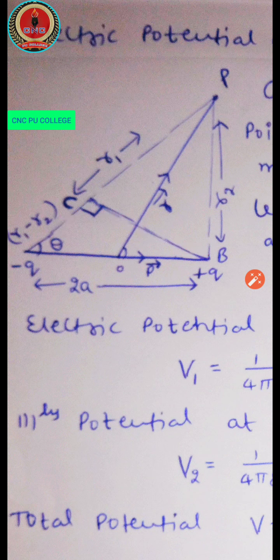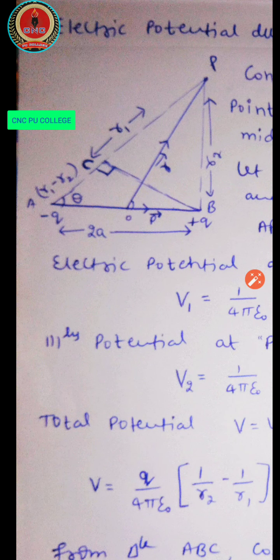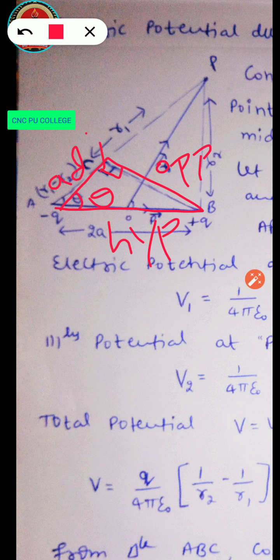Now just observe this triangle, that is ABC. This will be a right angle. Here we have theta, so this side becomes opposite, this will be the hypotenuse and this is adjacent.